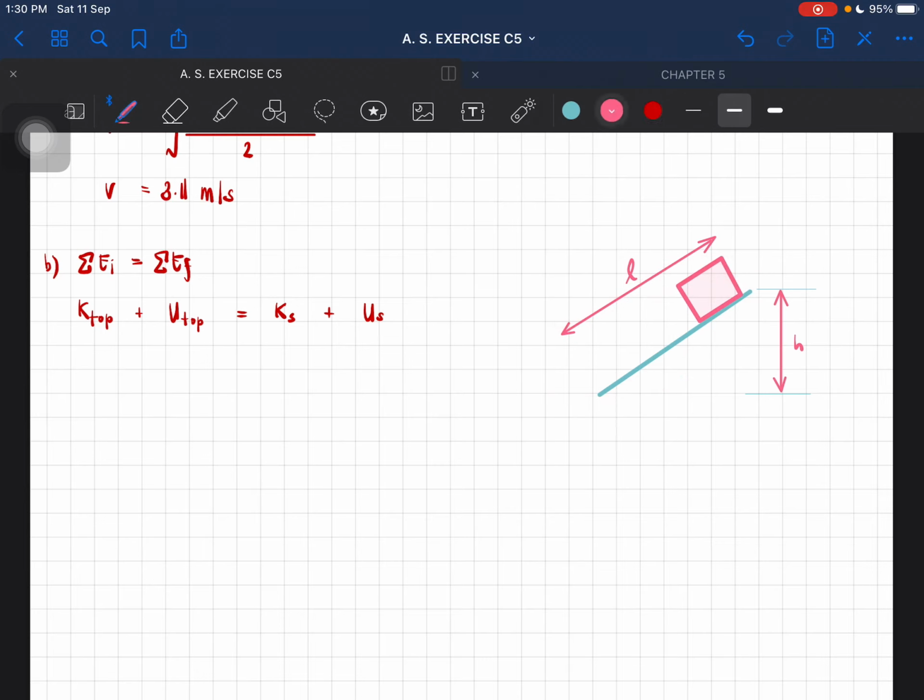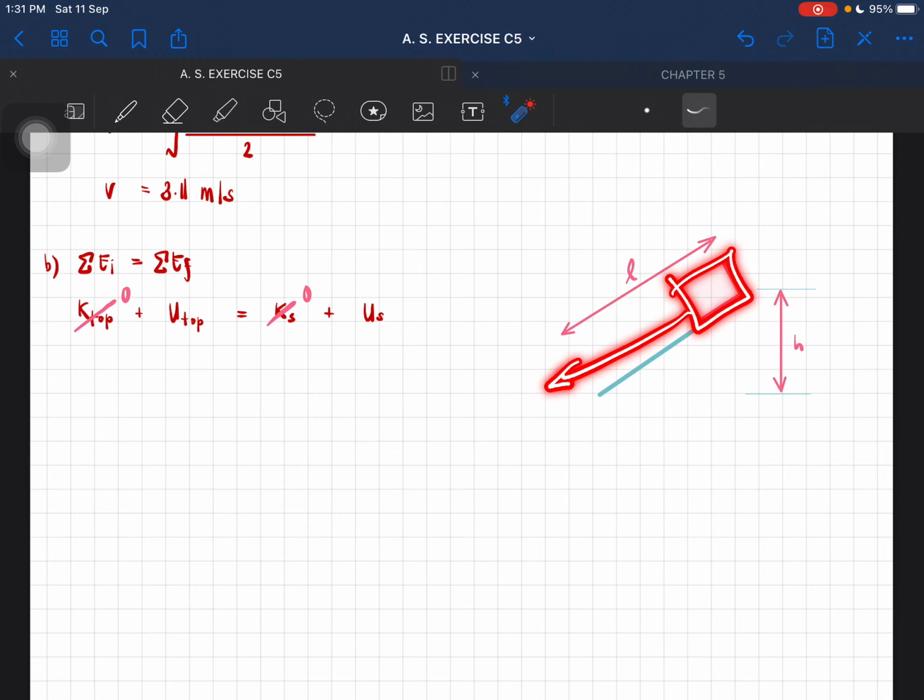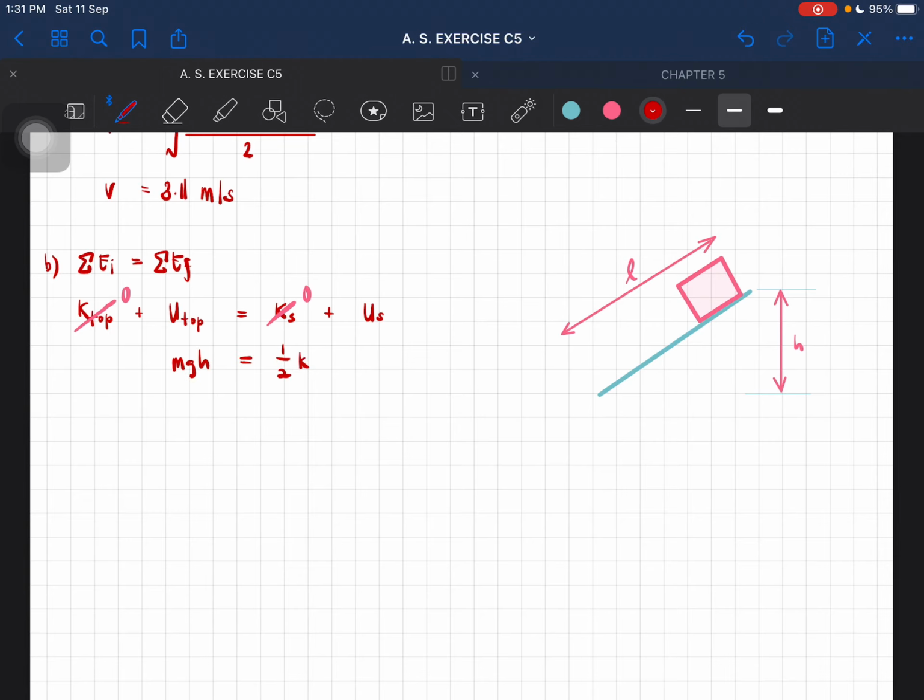The kinetic energy of the block at the top is equal to 0 as well, because it is resting before it starts sliding back down. So we are left with mgh equal to half kx squared.